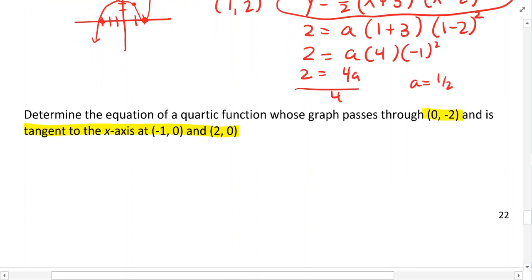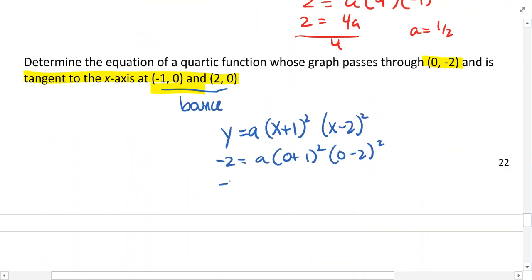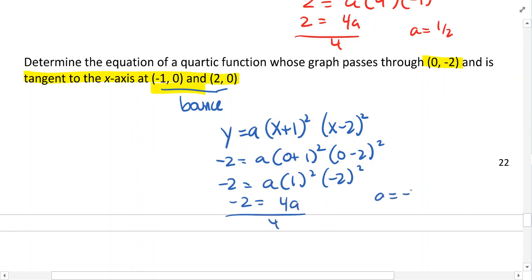So, both bounces. x plus 1 squared, x plus 2 squared, and then negative 2 equals a, x plus 1 squared, x plus 2 squared. a is negative 1/2. Right.